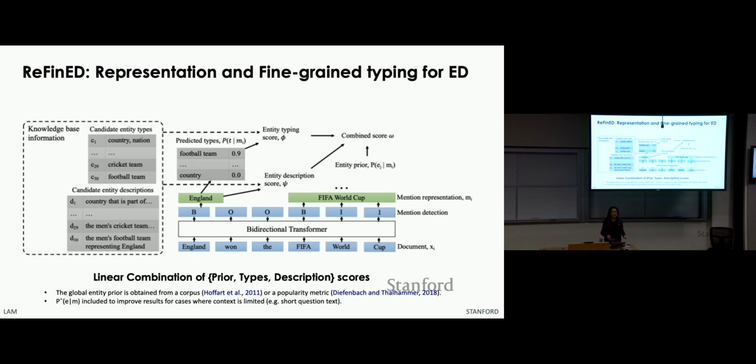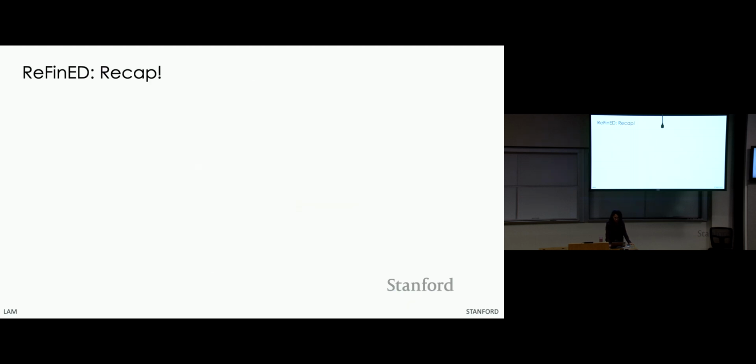So if I just use the word Lincoln, what are the chances I'm talking about Abraham Lincoln? Okay, if I don't want to refer to Abraham Lincoln, I would say Lincoln, Nebraska. So there is a prior. And if you don't use this prior, all bets are off because sometimes you just cannot tell from the context what I am referring to. So that's the third element that they pull in, and this goes into the combined score.